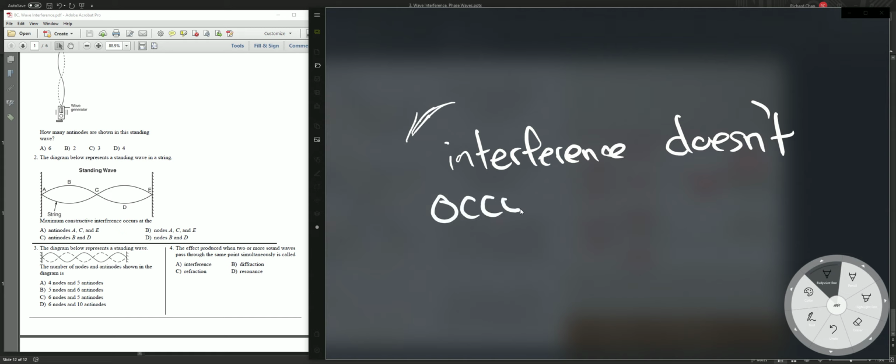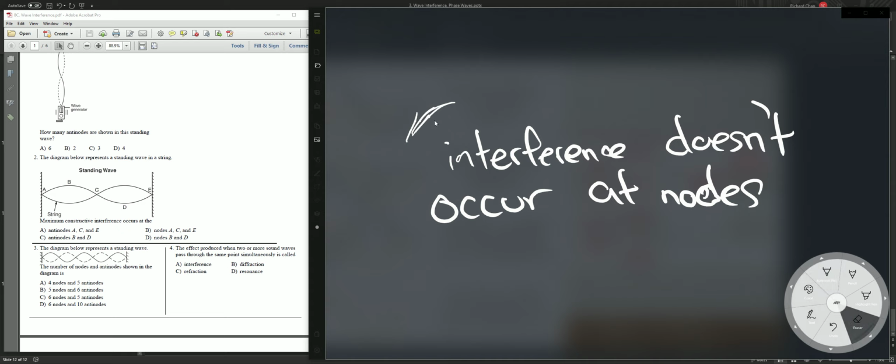This is a general statement. Obviously, it's not going to be true for everything, but this is a general statement you can assume for regions. Interference doesn't occur at nodes.